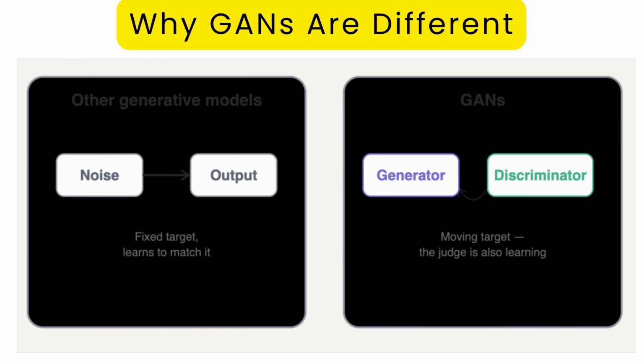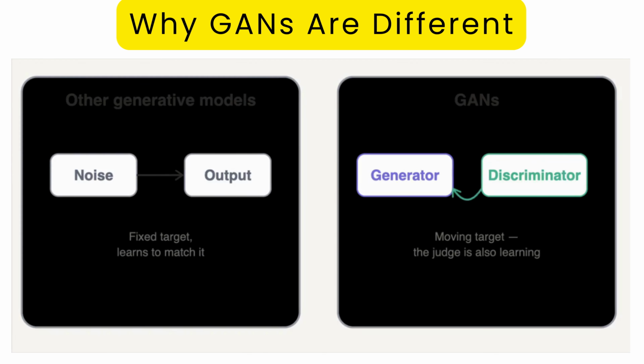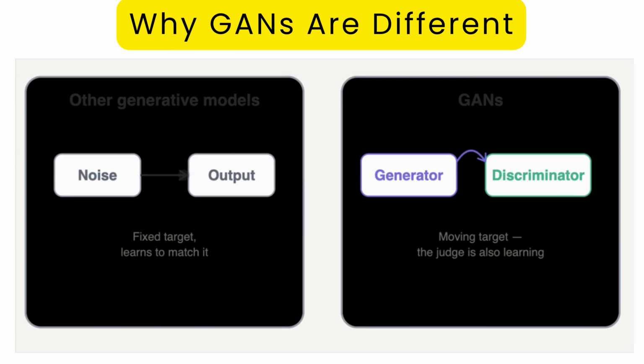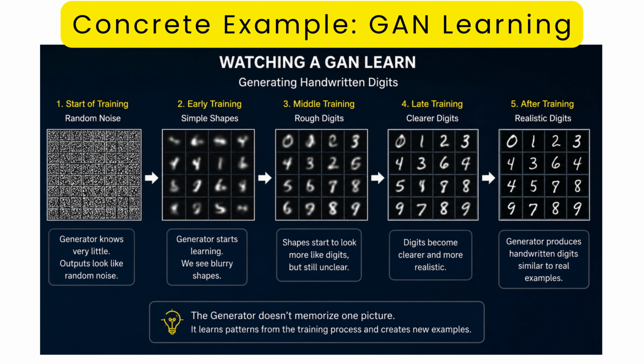Because two networks are learning together, GANs can be difficult to train. Sometimes the generator doesn't improve properly. Sometimes it may produce very similar outputs again and again. So, about all these problems, we will talk in our next video. We will see a very simple example to learn the actual concept with the proper process.